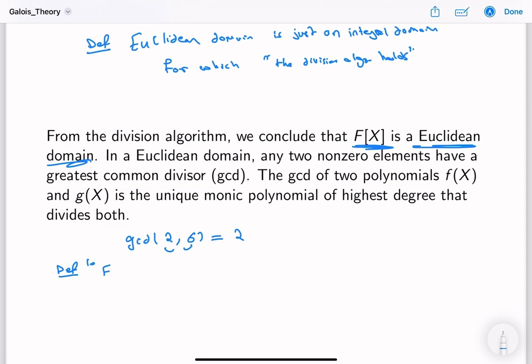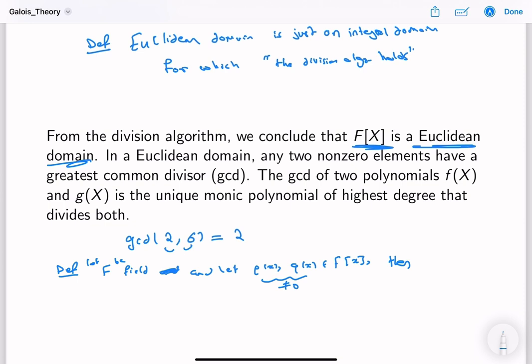Let F be a field, and let P of x and Q of x be polynomials in the ring F[x]. And let's assume that these are non-zero elements.